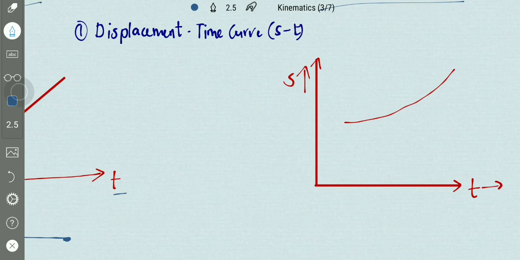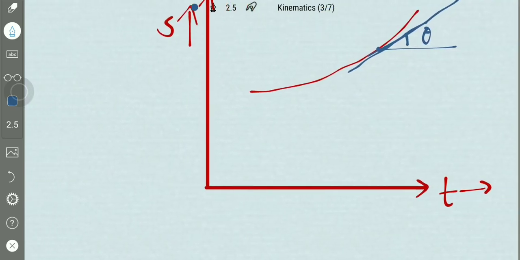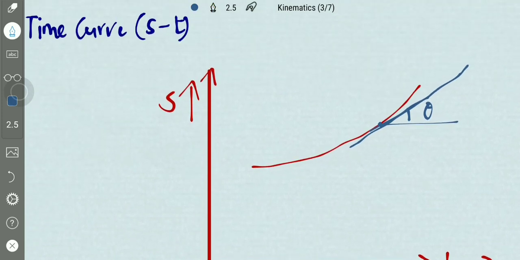So if we take a point here and find the slope at this point, this is theta, and it will be ds by dt.